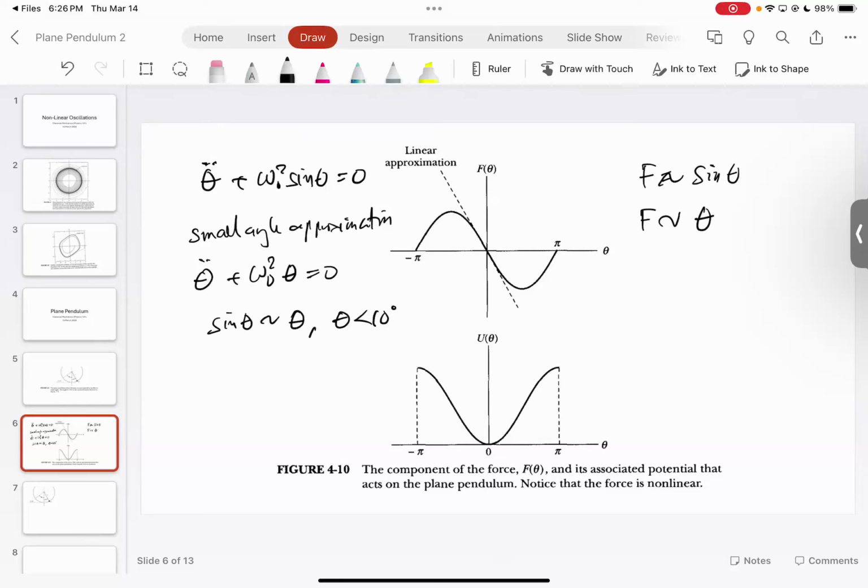Okay, the dashed line. But if you don't do the small angle approximation, then the force is sinusoidal. Okay, now that's what we want to discuss now. So we're moving away from the linear approximation, and we're going to try to describe what happens in the actual equation.